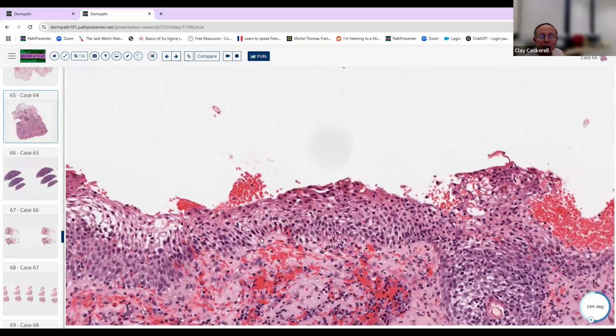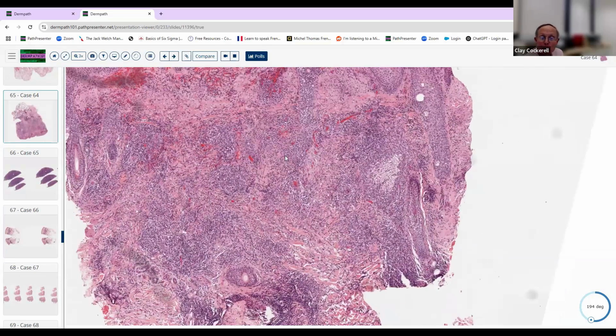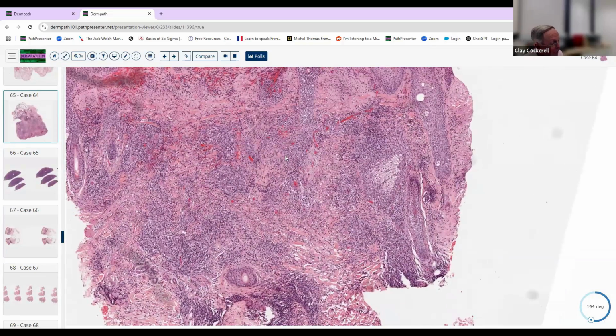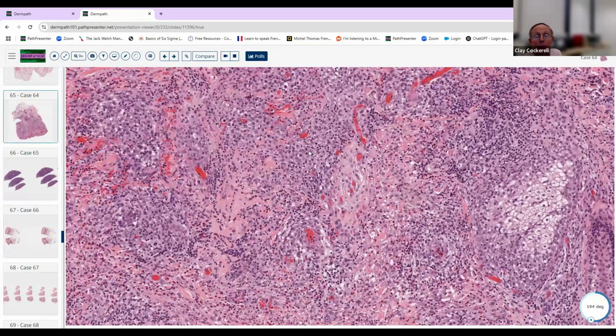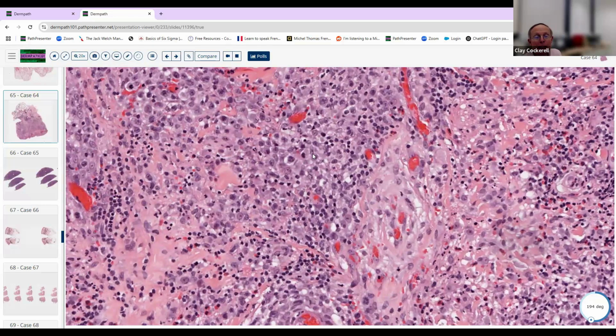Maybe there's some crusting. And here's one that would probably give you a CD30 positive stain. This is an example of lymphomatoid papulosis, or one of the CD30 positive lymphoproliferative disorders. And the key to that is these very large atypical cells here with a lot of eosinophils.